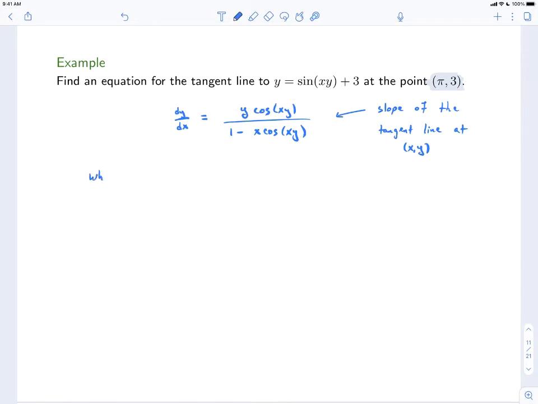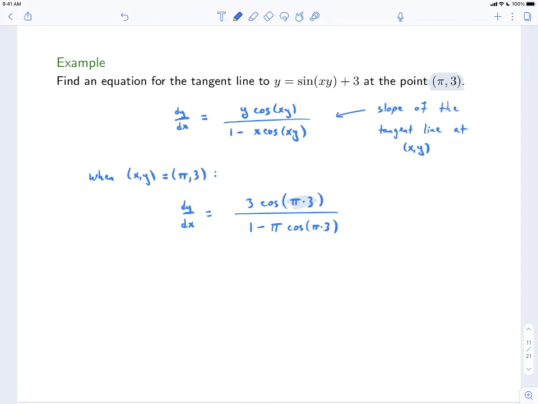So when x comma y is equal to pi comma 3, then dy/dx is equal to y, which is 3, times cosine of x times y, that is pi times 3, divided by 1 minus x, which is pi, times cosine of x times y, so that's pi times 3. Okay, now what is cosine of 3 pi? Using periodicity, that's the same as cosine of pi.